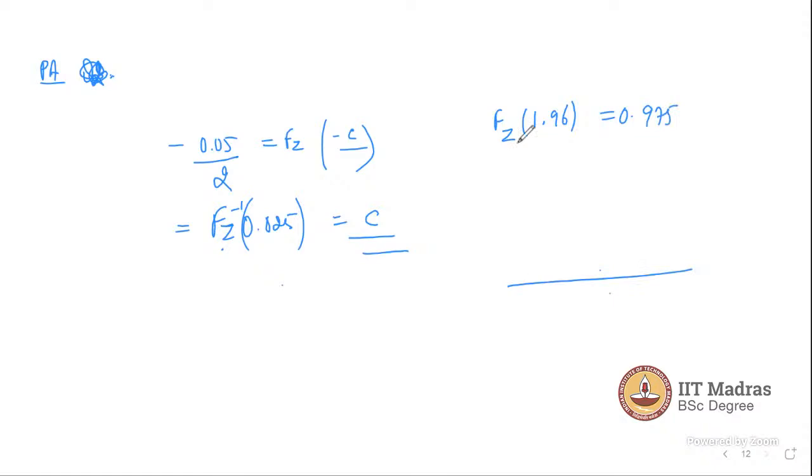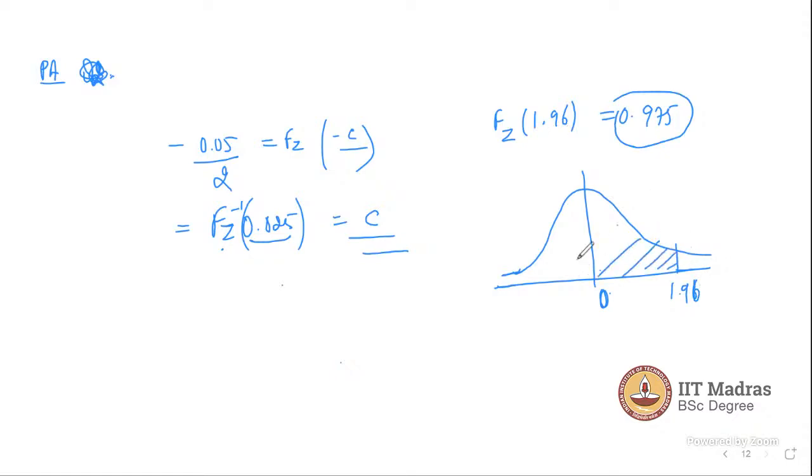Exactly, that is what I wanted to check. Instead of 0.025, we have taken the negative portion and come to the conclusion of minus 1.96. Because for 0.975 area, you will get 1.96. So FZ of 1.96 covers the area of 0.975. But if you take minus 1.96, it covers the area of 0.025.